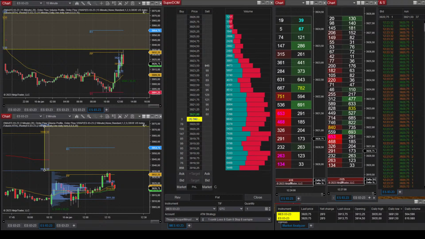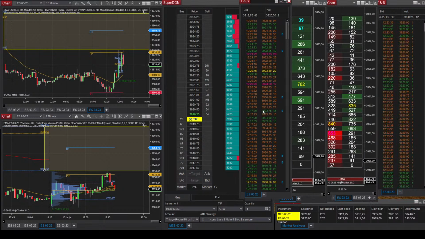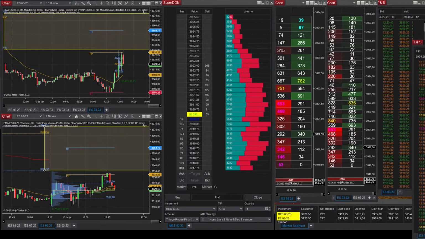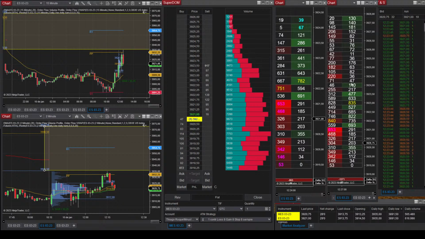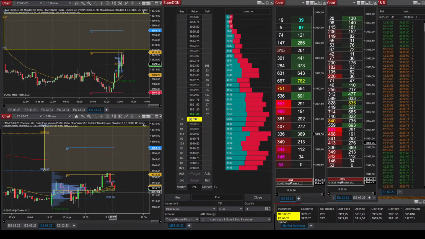Look here at times and sales. Now the selling pressure is clear. From the visual, we can see that the selling force, the selling strength, is prevailing. But we are right again at the point of control.